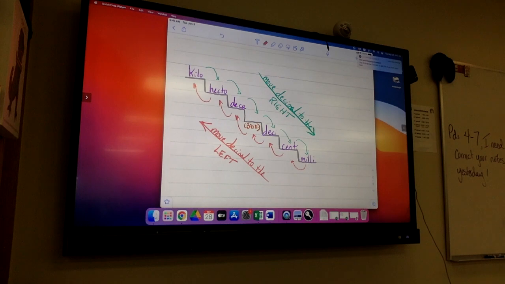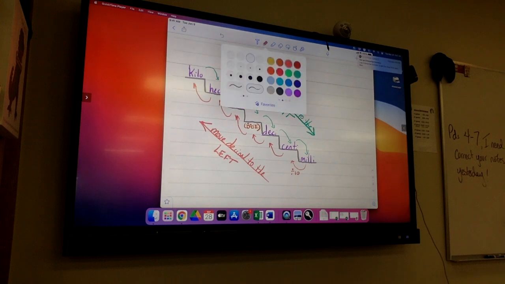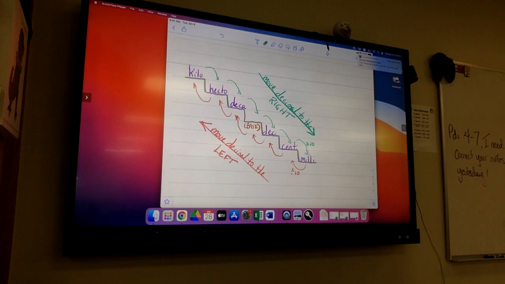So this is dividing by 10 each time, and this is multiplying by 10 each time. So another way of saying dividing by 10 is move the decimal to the left. Another way of saying multiply by 10 is move the decimal to the right. Okay, now we're ready to do that example.